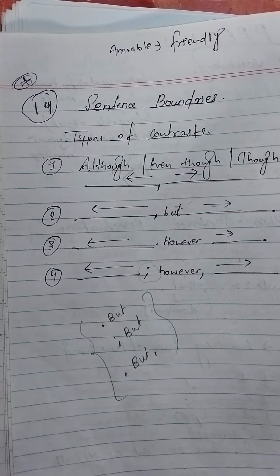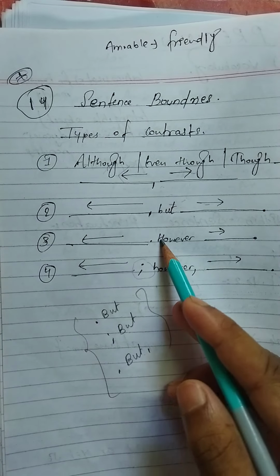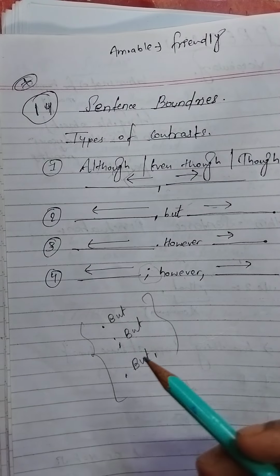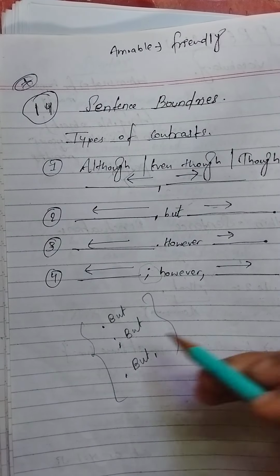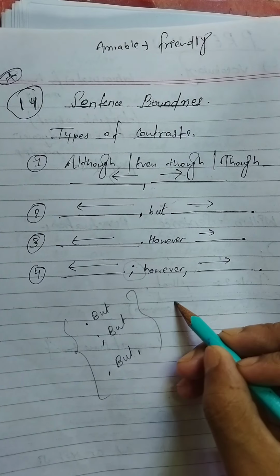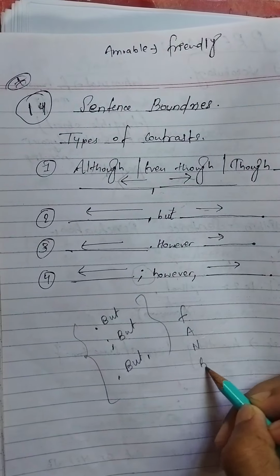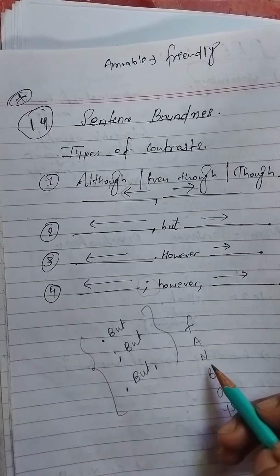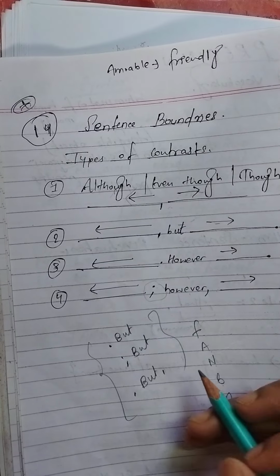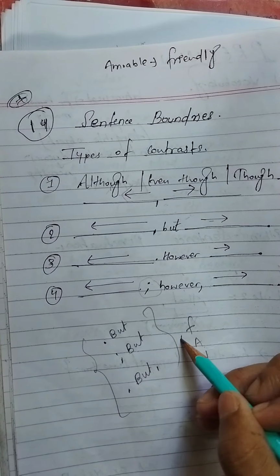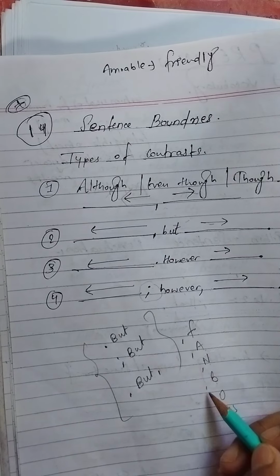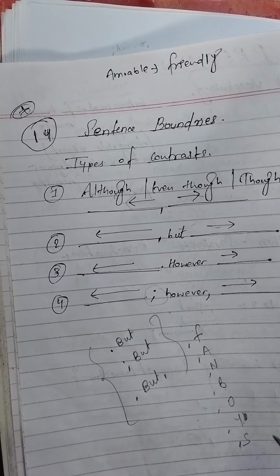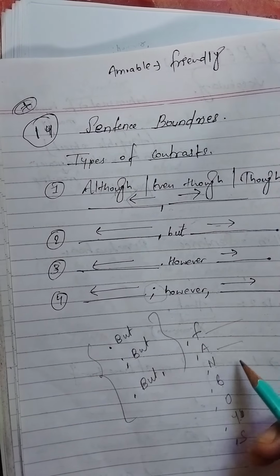But we can use a full stop before however, we can use a semicolon before however, but we can't use it in front of "but", because these are from the FANBOYS rule: for, and, nor, but, or, yet, so. So when you are using FANBOYS, then you have to use a comma, and then we start our sentence from there.